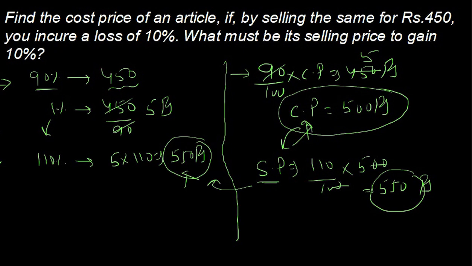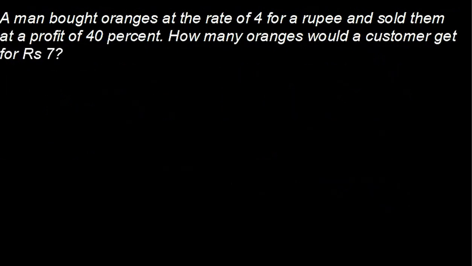Okay, these are the questions you will get a lot in the textbooks. Next, come to the next question. A man bought oranges at the rate of 4 for 1 rupee and sold them at a profit of 40%. Let's say mangoes instead, because oranges look like zeros. So let's say 4 mangoes cost 1 rupee. That is the cost price.